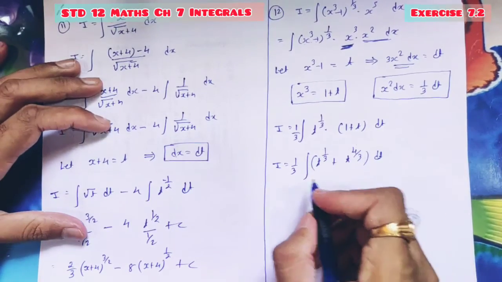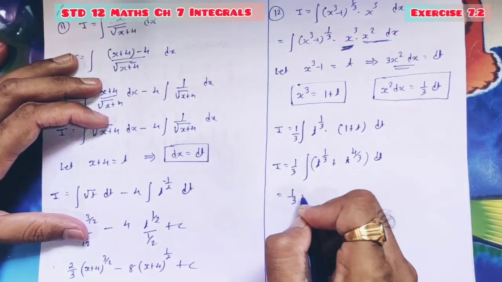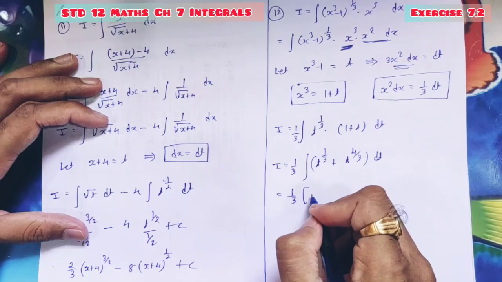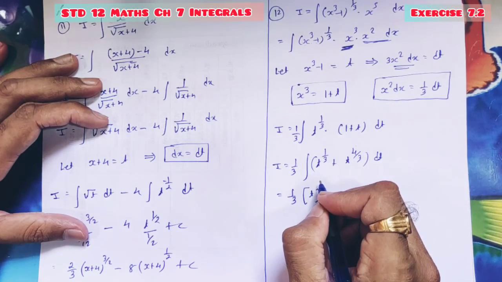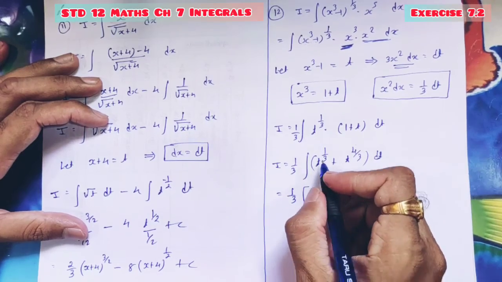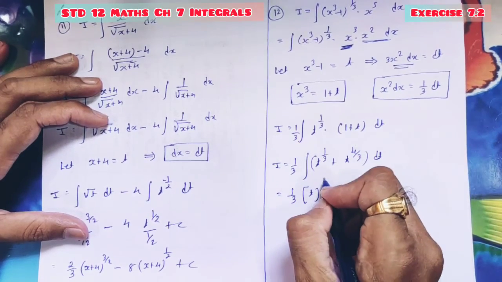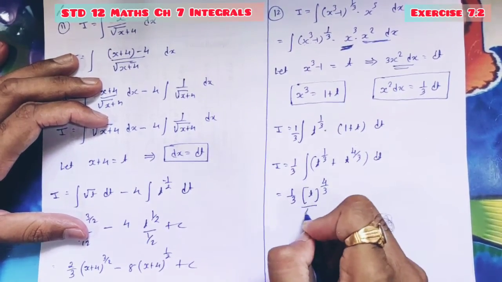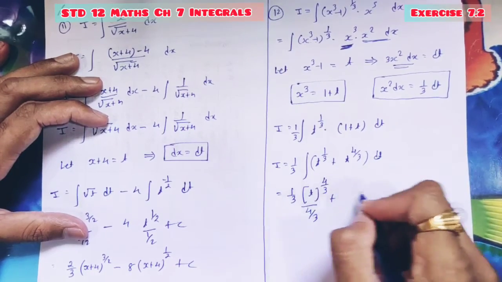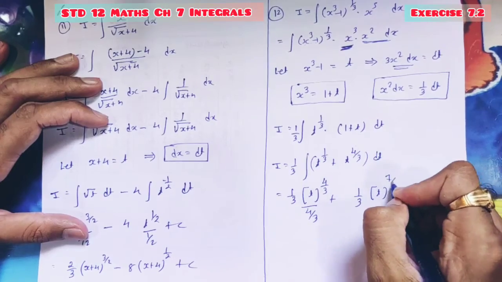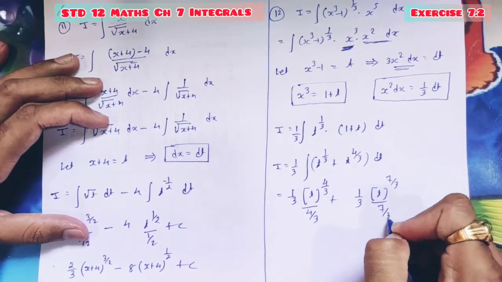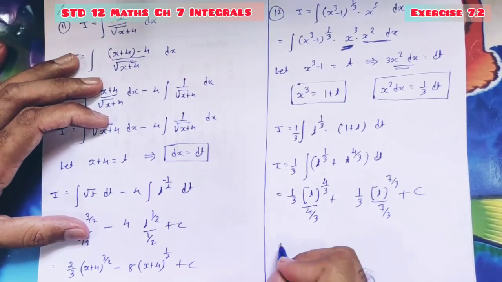Now its integration is easy. So it's a 1 by 3 integration of t raised to 1 by 3. So it's a t raised to 1 by 3 plus 1, 4 by 3, divided by 4 by 3 plus 1 by 3 multiply होगा and t raised to 7 by 3 upon 7 by 3 plus c.